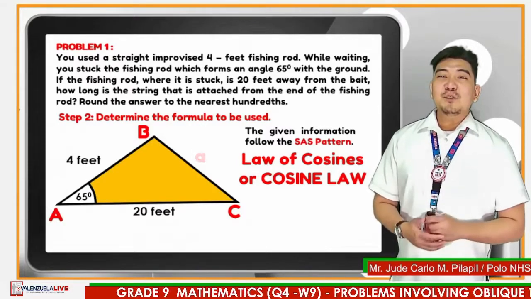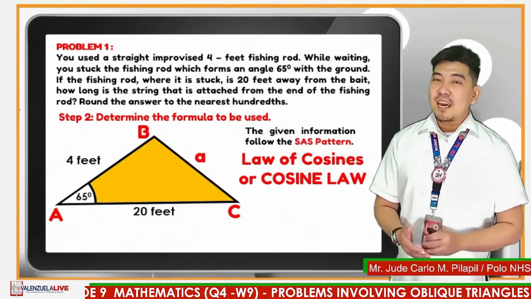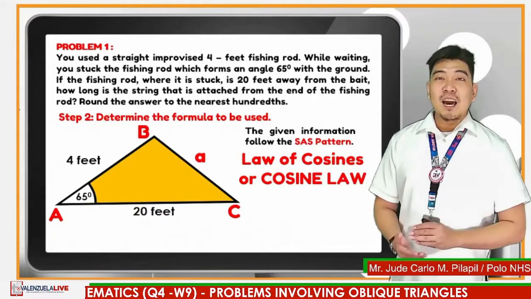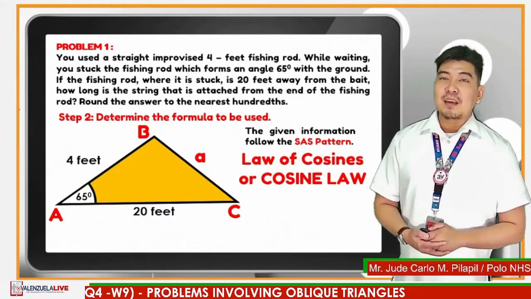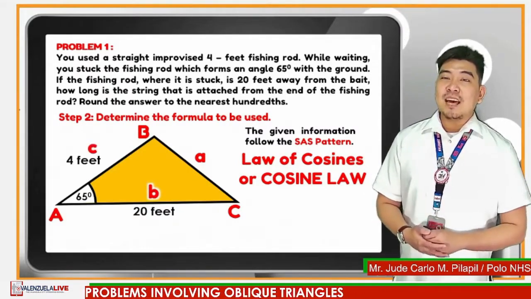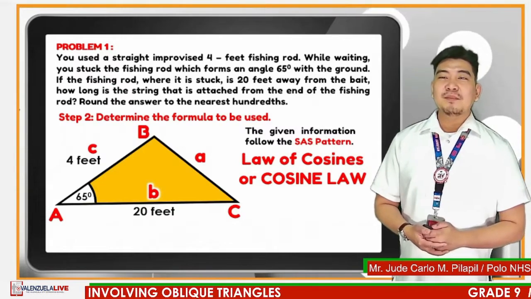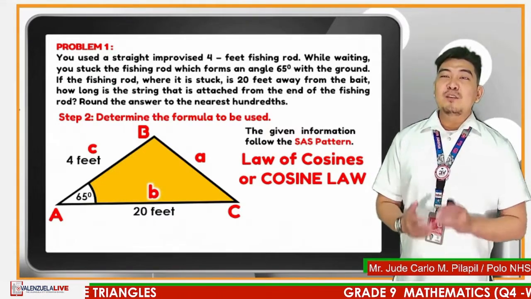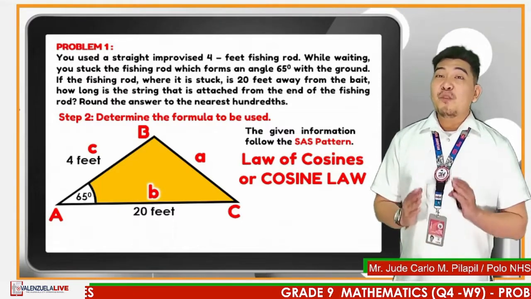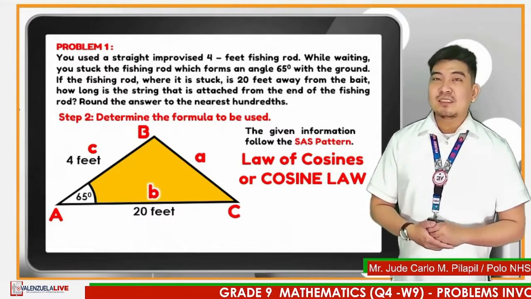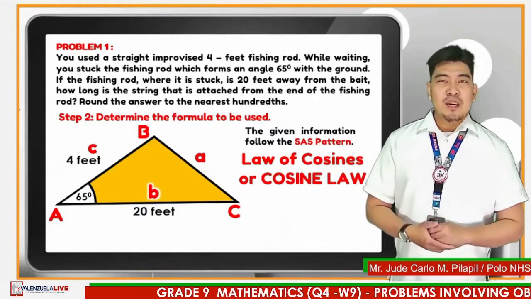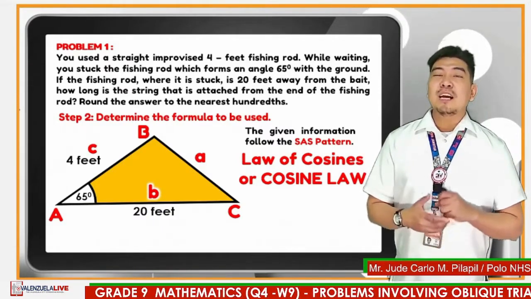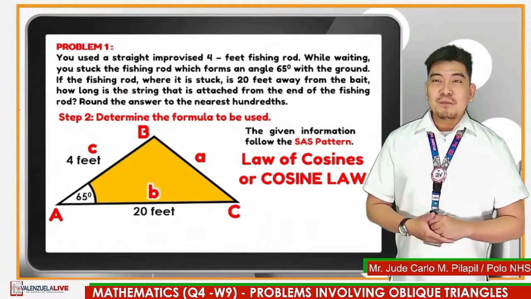Next, let us represent the unknown side as a, since it is the side opposite angle A, and the remaining sides as side b and side c. Since we are to find the length of a, we use one of the formulas provided in the law of cosines. Which one do you think will help us solve for the unknown length of a?